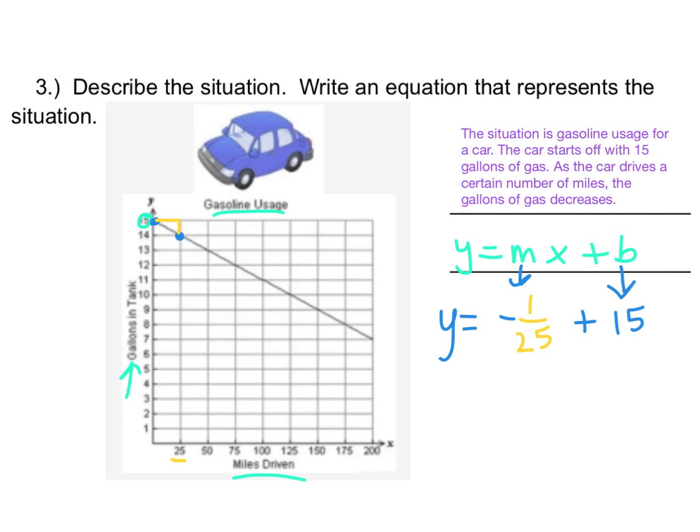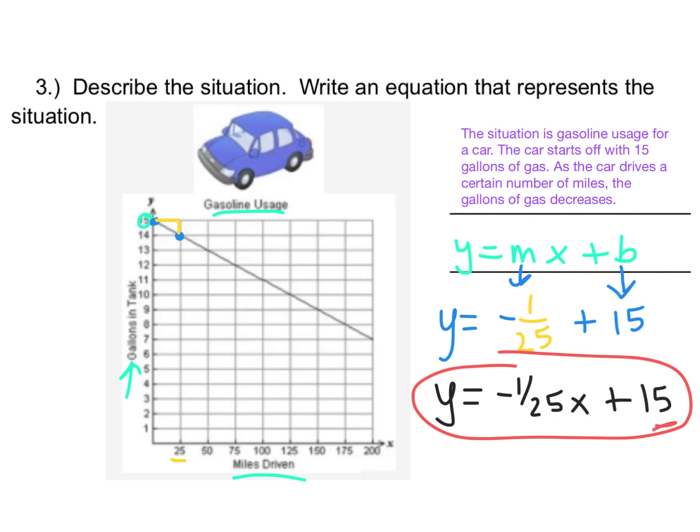So our equation is y equals negative 1 over 25x plus 15. So what this means is it begins with 15 gallons in the gas tank, and it decreases 1 gallon of gas every 25 miles that's driven.